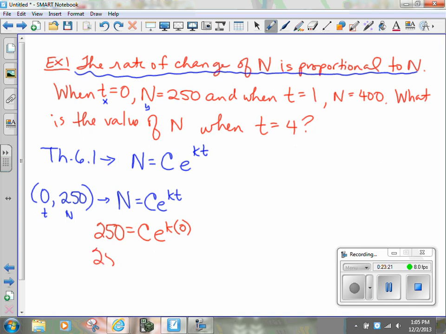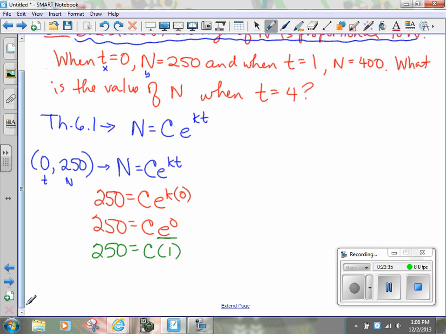I'm going to have 250 equals C times e to the 0 power. And what is anything to the 0 power? 1. That turns into 1. You do not have to put this. But 250 is C, is it not?